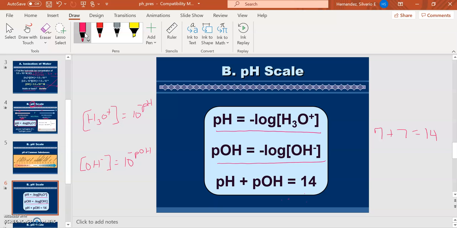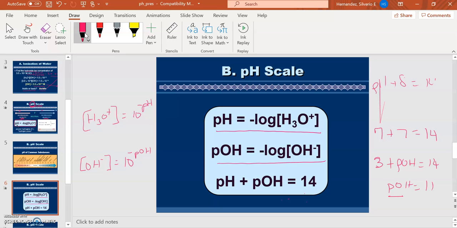So, for example, let's say I had a pH value of 3 and I wanted to know the pOH value. I could just plug 3 into this equation and solve. That would give me a pOH of 11. If they gave me a pOH of 8, then I could plug it into the equation to solve for the pH.